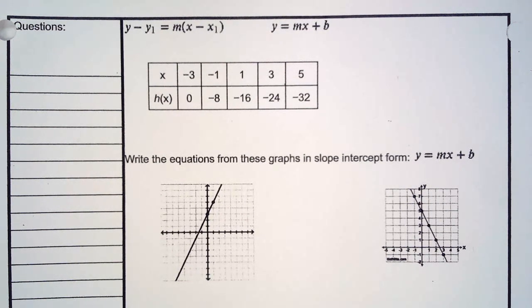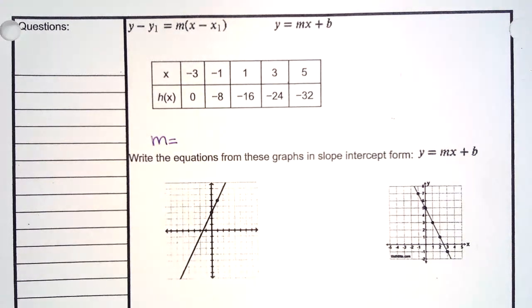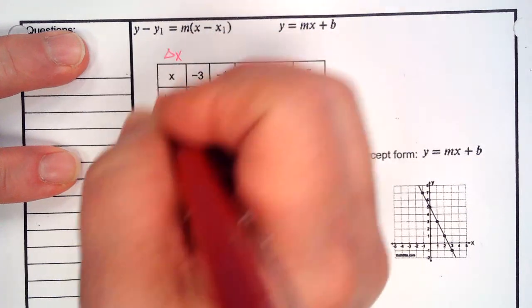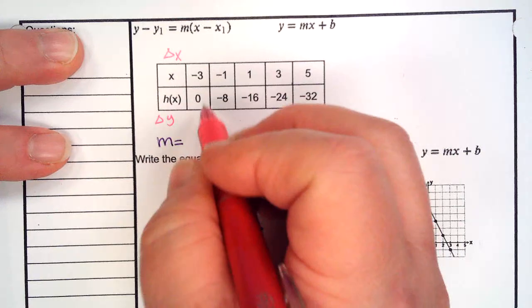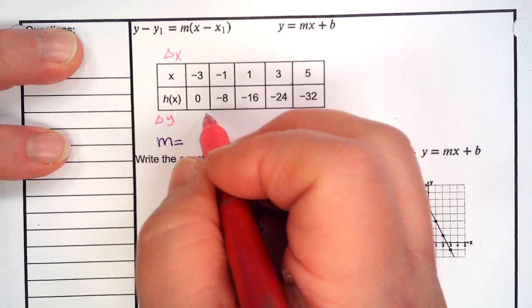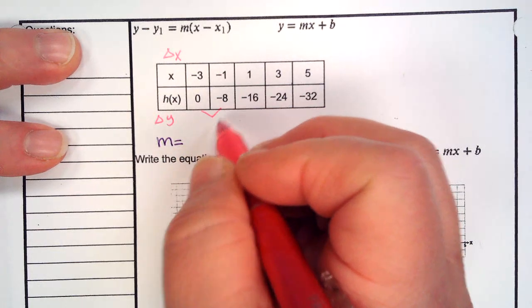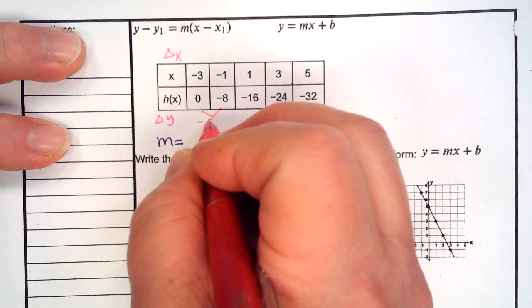So as we're looking at this, what's the first step? Well, we've got to find our slope. Okay, so I'm going from -3 to -1, but I go from 0 to -8. 0 plus what gives me -8? Well, that would be -8.